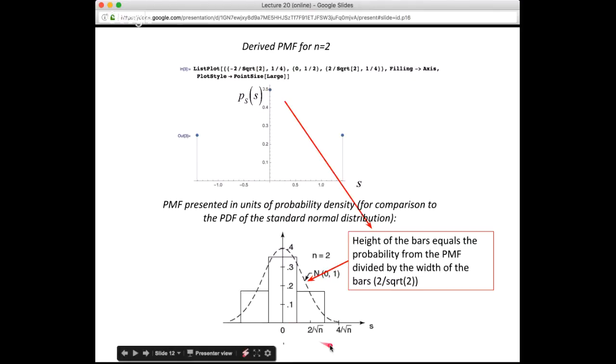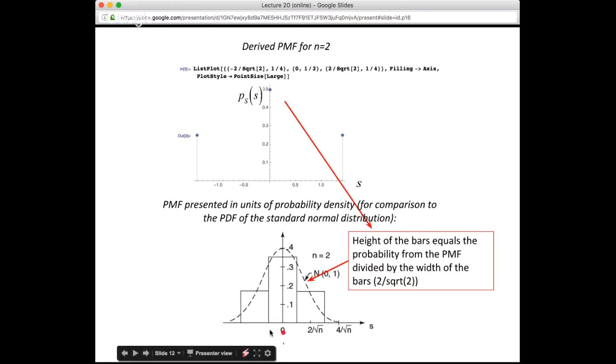And so by taking, say, 0.5 and dividing it by 2 over square root 2, we're essentially converting the PMF into a quasi PDF because it has the appropriate units. That is, it's going to have the units of probability per unit delta S, which in this case, delta S is equal to 2 over square root 2.